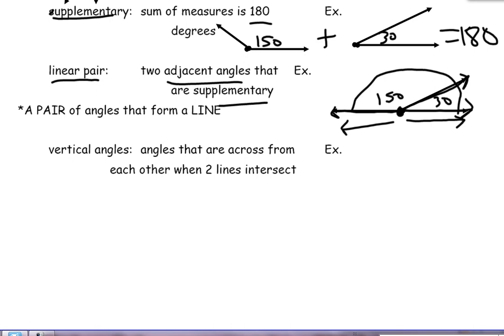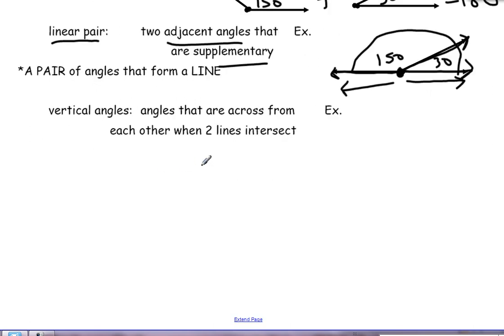That's your linear pair. And the last angle relationship we have is vertical angles. Vertical angles are formed by two straight lines. So let me get a straight line here. So here's my two straight lines. Now if these two straight lines come together at a vertex or a common point, that's that point right here, then the non-adjacent angles form vertical angles.